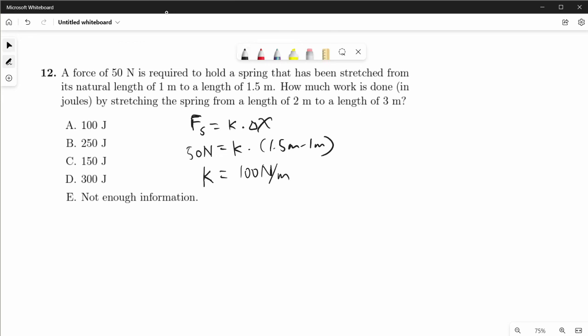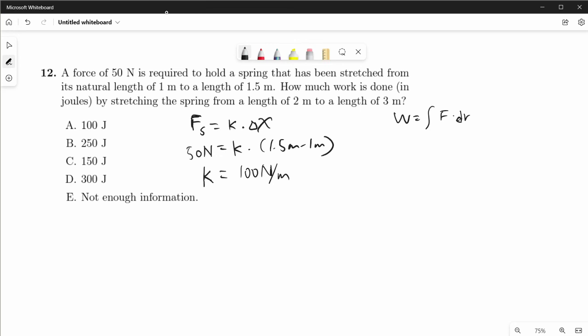Now, how much work is done? Work is the integral of force over the distance. In this case I use dr, but it could be dx, dy, or dz. It depends on whichever direction your force is going.